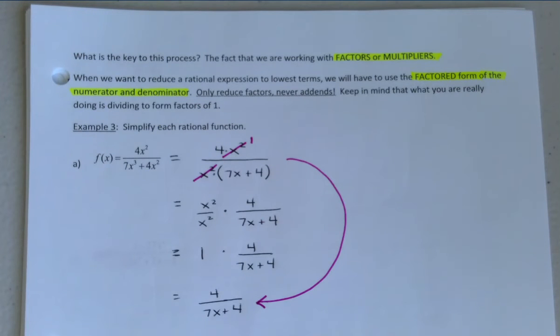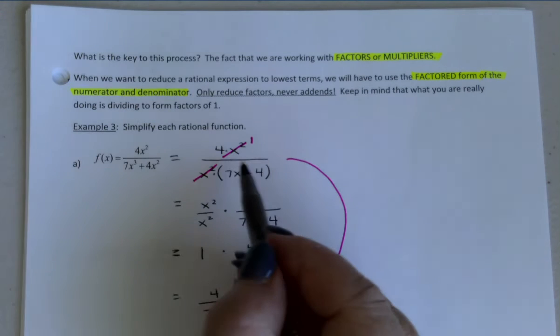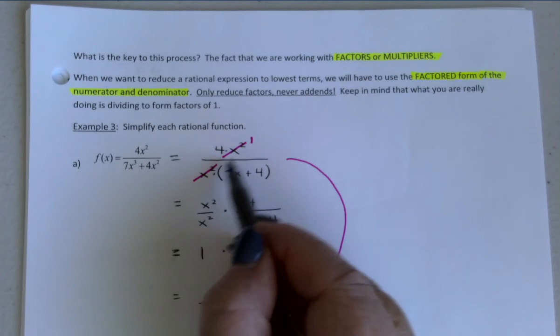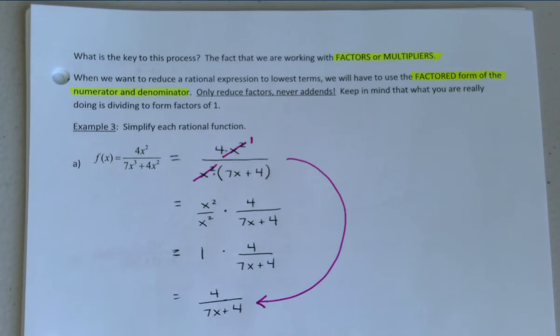But I do want you, at least in the back of your mind, to recognize what's happening here. When we say we cancel, and I really don't care for that word because it can mean so many different things, but when we kind of casually say we're canceling the x squareds, what we really mean is we're dividing them to get a factor of 1, and we know that 1 times anything is itself.